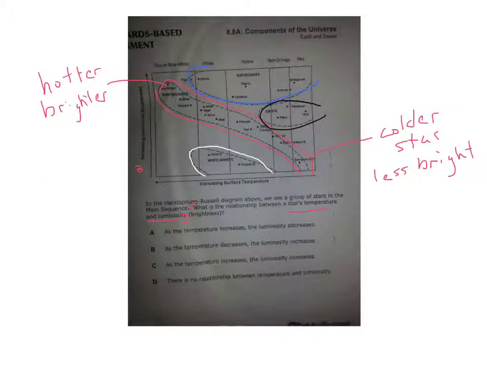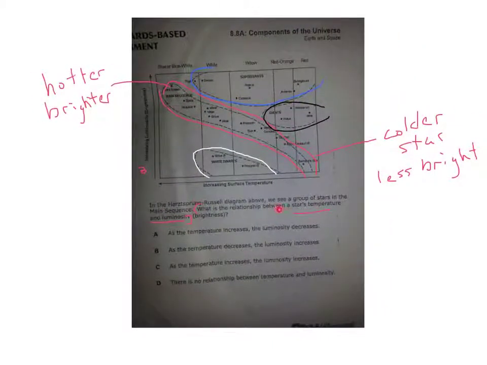So we're starting here, and remember the question says, what's the relationship between a star's temperature and the luminosity? So they seem to follow a direct line, is that as we get warmer and warmer, as the temperature increases, we're also getting brighter and brighter.